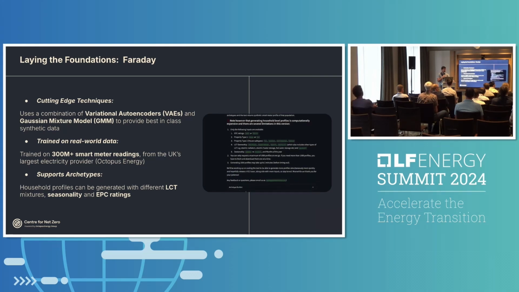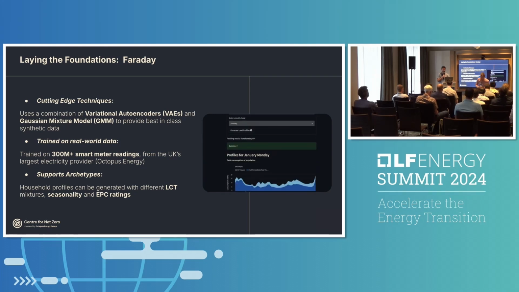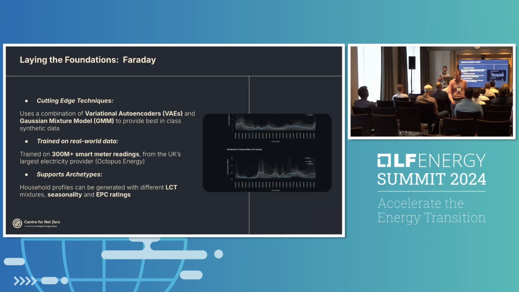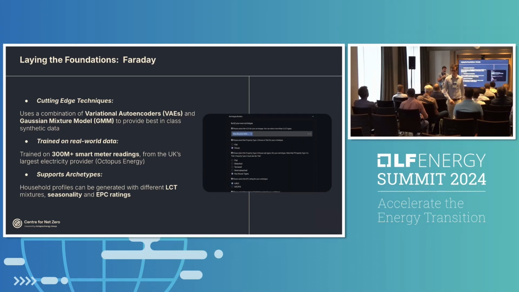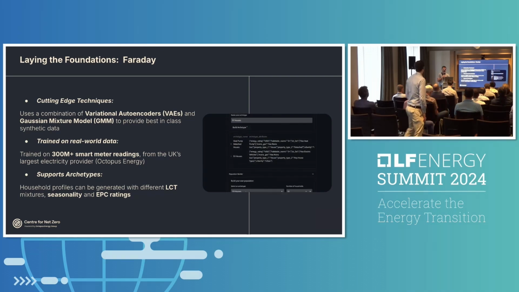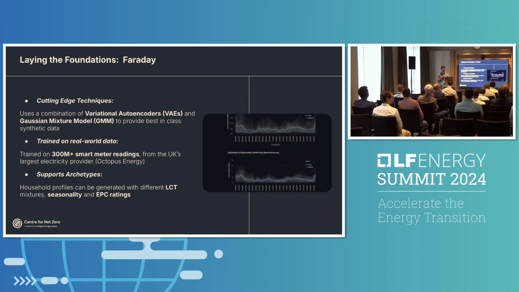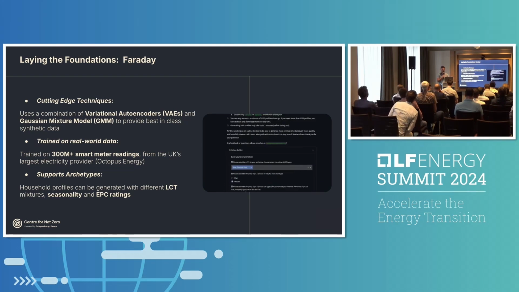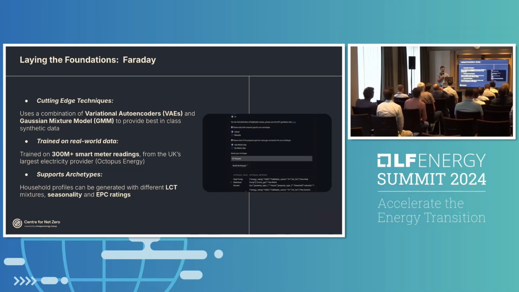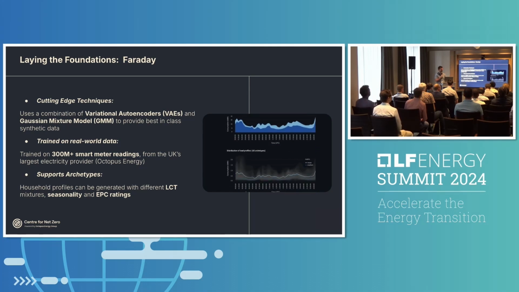So Sheng here created a really high quality model to produce synthetic data. It's based on smart meter readings of Octopus Energy's customers, and critically it can be conditioned on different attributes: different low carbon technology mixtures, seasonality throughout the year, and household energy ratings, so that we can create smart meter profiles for different types of households in the UK.